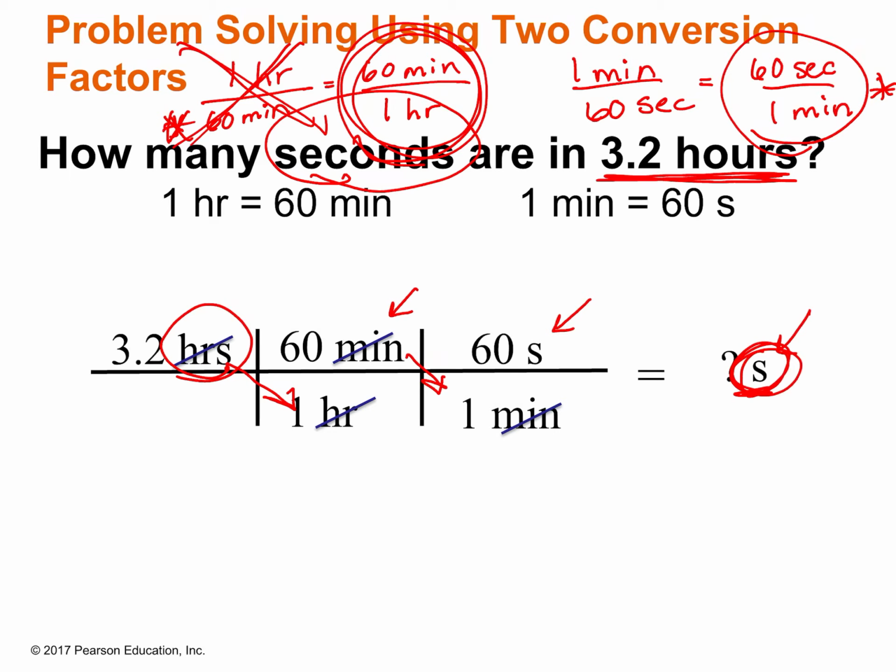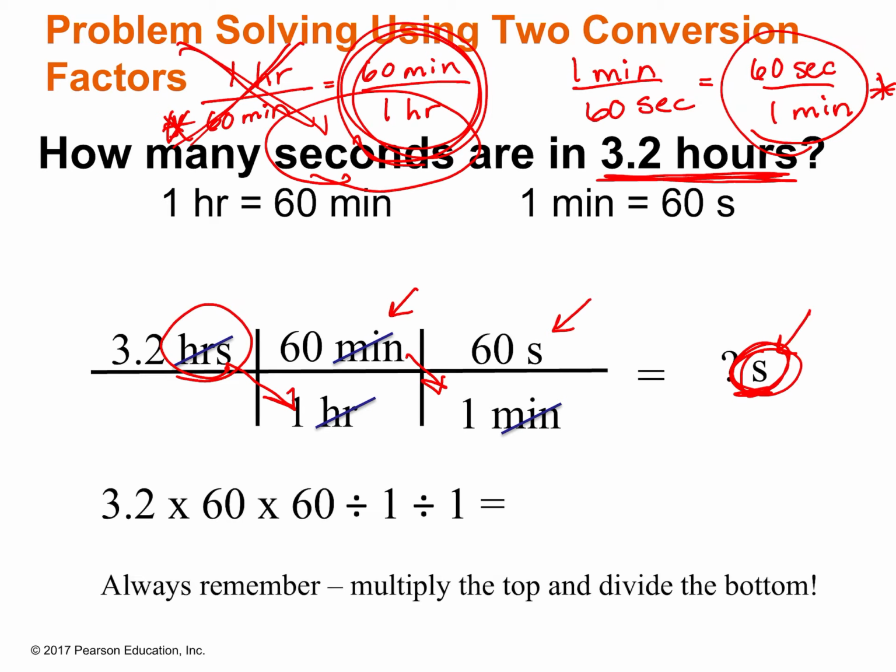So now, once your unit on the top right matches the unit you're looking for, you can go ahead and do your math. So we'll do 3.2 hours times 60 minutes times 60 seconds divided by 1 hour divided by 1 minute. And I want to point out here, you want to hit divide every time you have something on the bottom. Okay, so like divided by 1, because both of those ones are on the bottom.